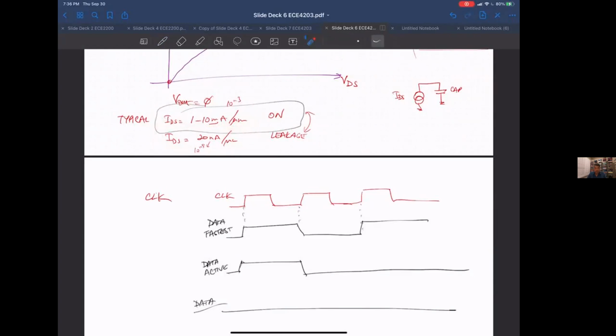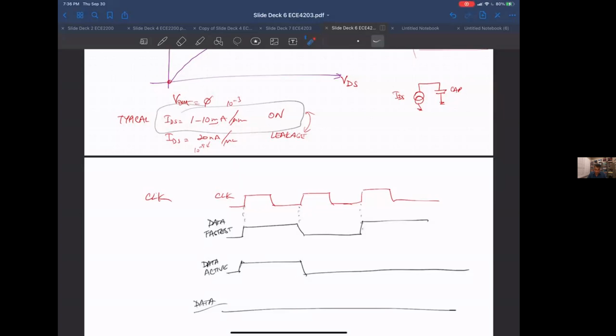When we first started with CMOS, one of the things we said when we were talking about the logic family was that there was no DC current flowing. And that was true for many, many years, and it is what really made MOS what it is now, the most prevalent technology. But it's no longer true. Now the leakage currents are significant.